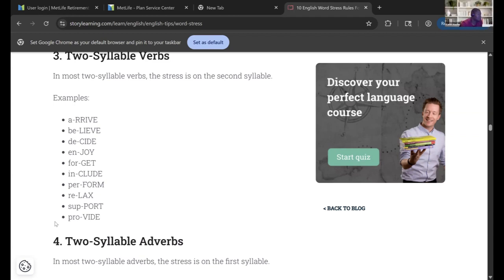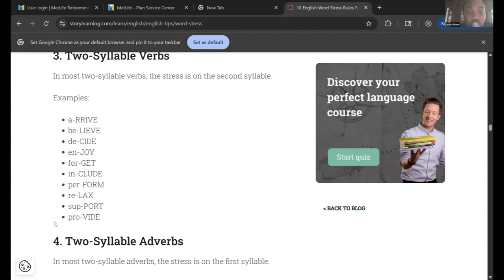Include. Include, good. Perform. Perform, good. Relax. Support. Provide. Provide. Okay. Is it good? Yes.